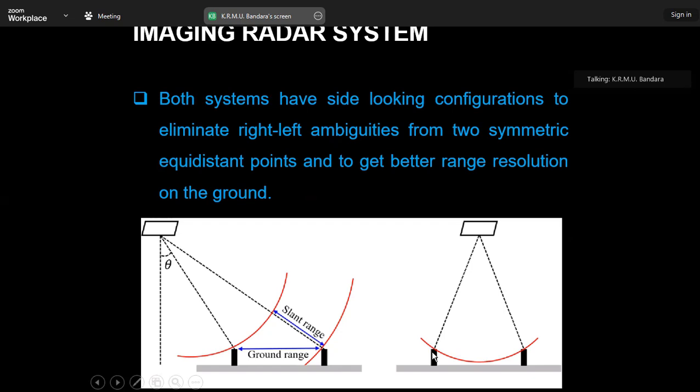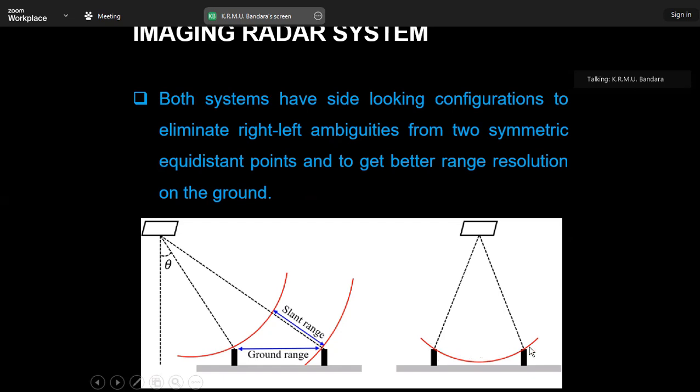Therefore, the return signals from this object and this object go to the antenna at the same time. So the antenna cannot identify whether the signal is coming from the left side or the right side. Both are the same. This is called the right-left ambiguity.